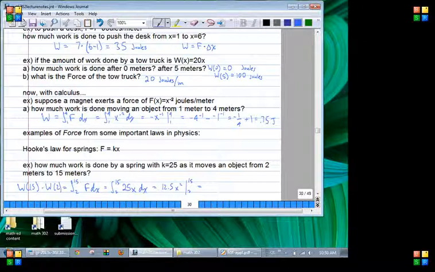I missed where you got the 25x. Did anybody do this on the calculator, figure out what it is? Okay. So it's going to be something minus 50.